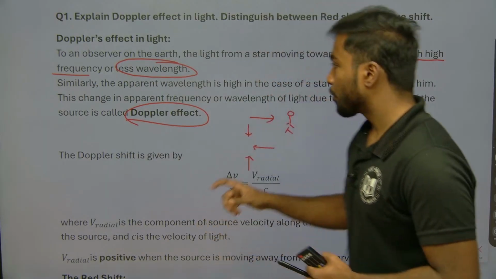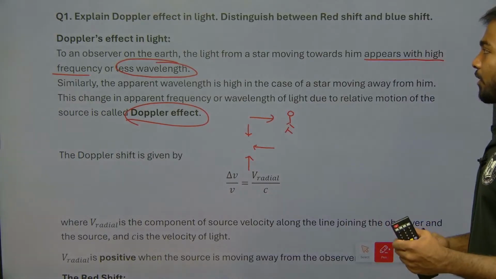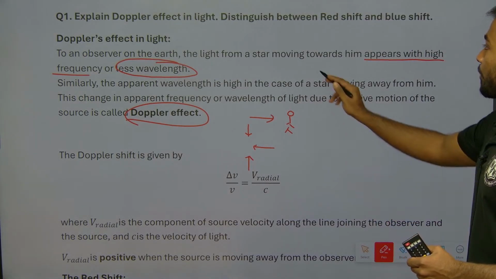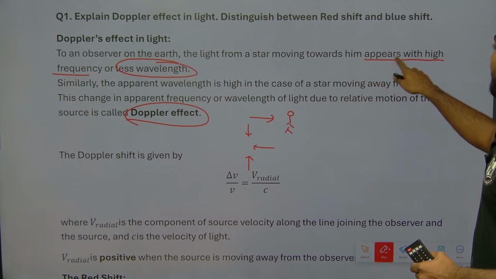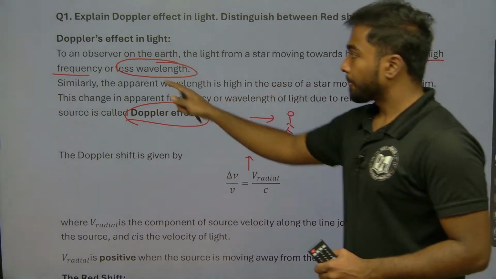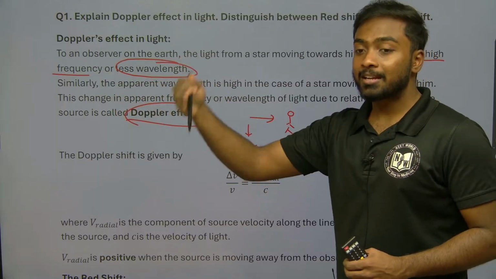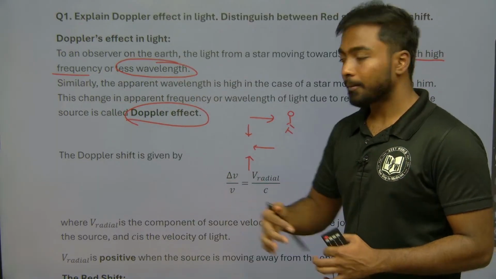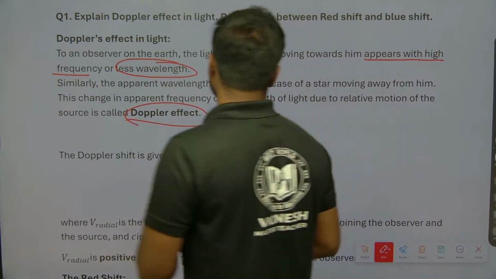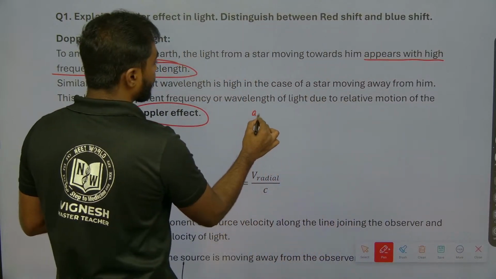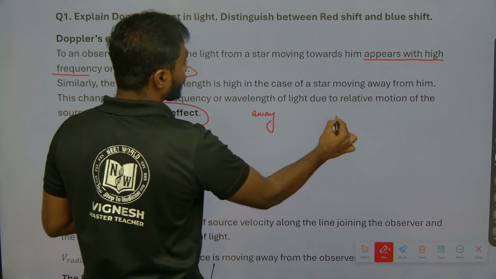Once again, to an observer on the earth, the light from a star moving towards him appears with high frequency or less wavelength. Away from him means less frequency and more wavelength.